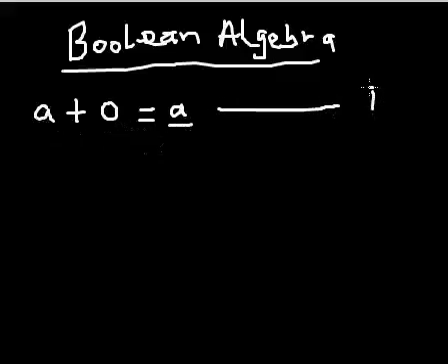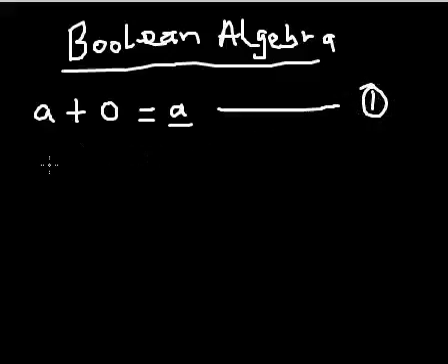Anytime I add 0 to an input, A plus 0, what I will have is still the input. The same way, when I add 0 to any particular value, nothing changes. So A plus 0 is A. That's the number one expression that we have in Boolean algebra.